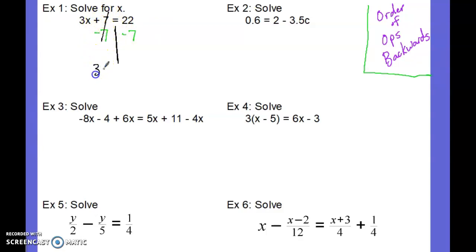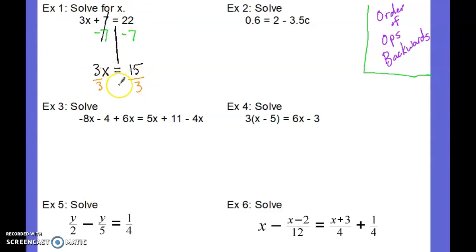And you're left with 3x is equal to 22 minus 7 is 15. And now you want to do the inverse of multiplication. Well, the inverse of multiplication is division, so you divide by 3 on both sides.